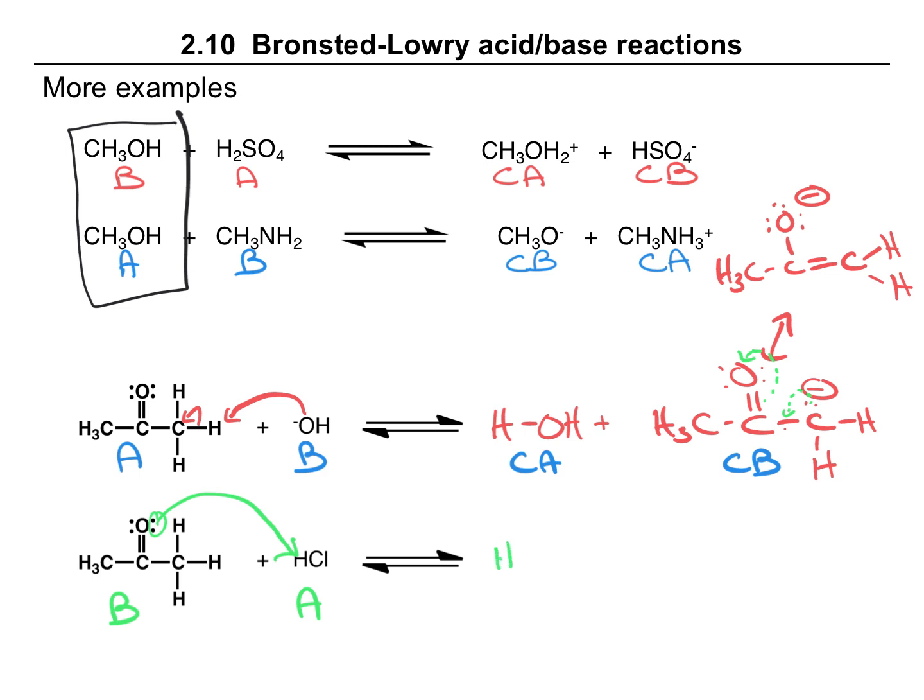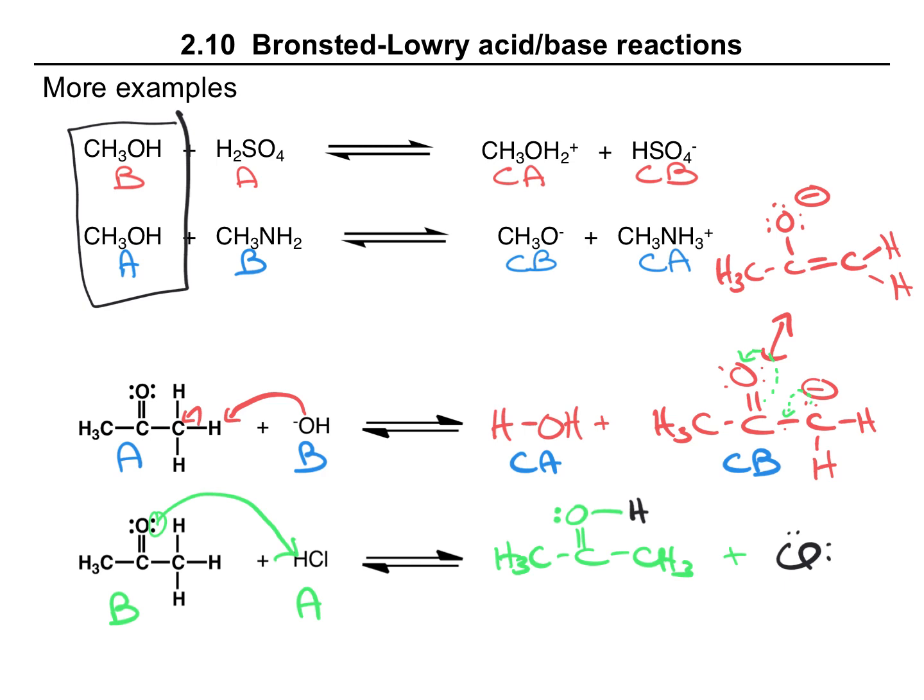And so that gives us, we still have this lone pair on the oxygen, but the other lone pair has now formed a bond to the hydrogen that used to be part of HCl, and we have Cl minus.